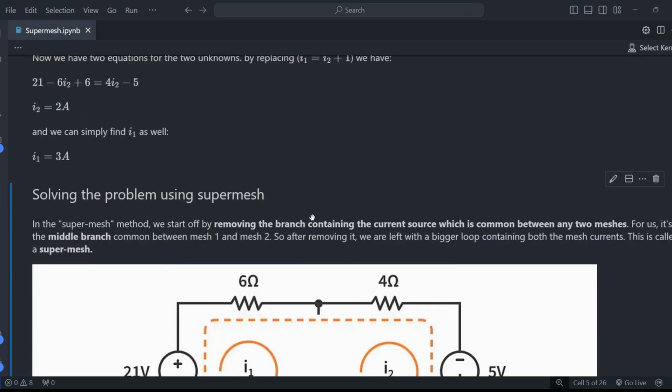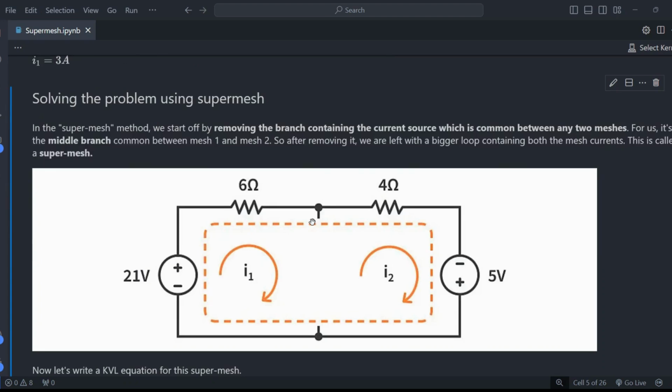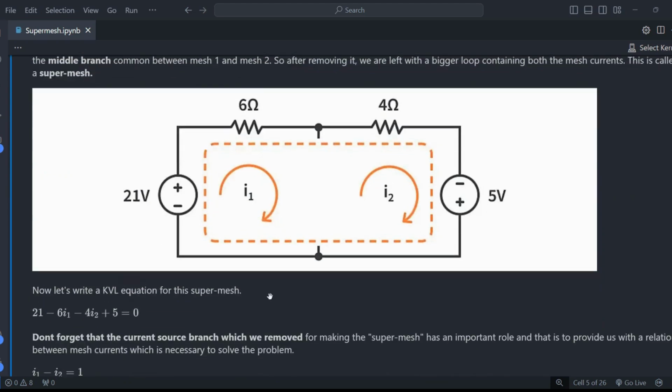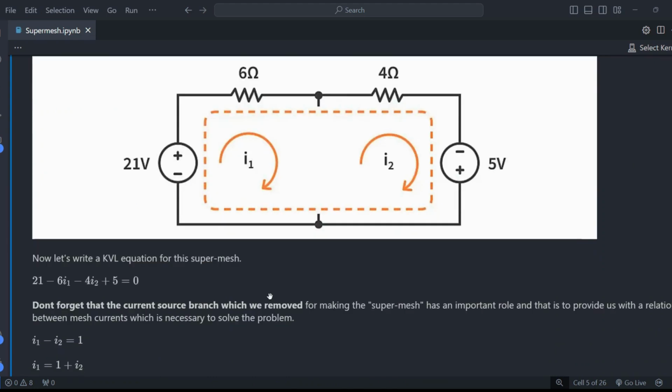Now we apply KVL to our supermesh, and we get 21 minus 6I1 minus 4I2 plus 5 equals 0. Remember, don't forget the current source branch which we removed. Although it's not there when we remove it, it's originally there. We just removed it to form our supermesh.